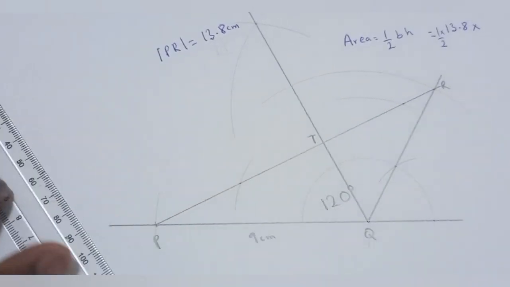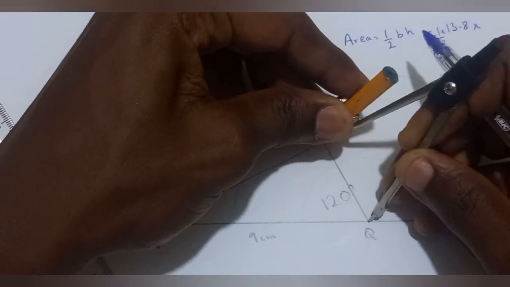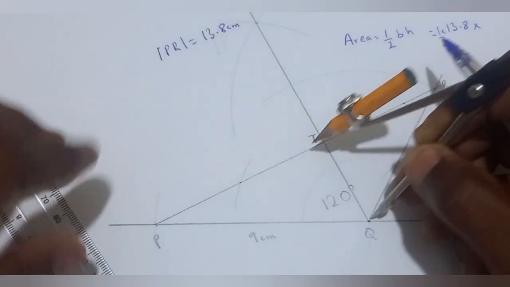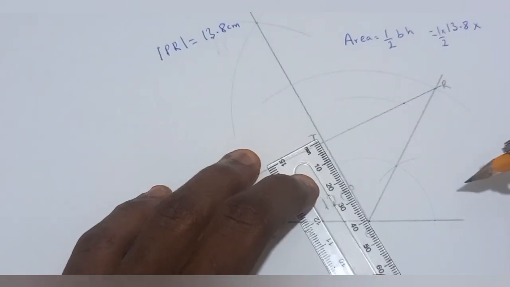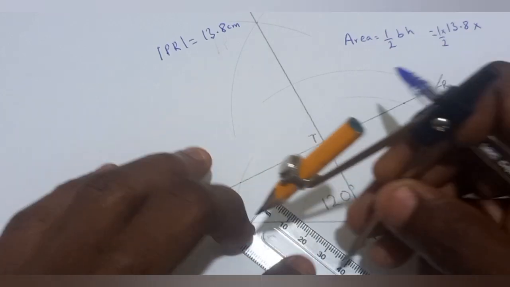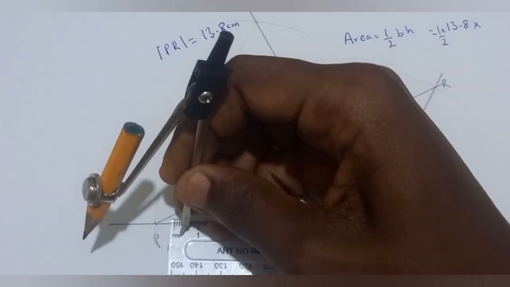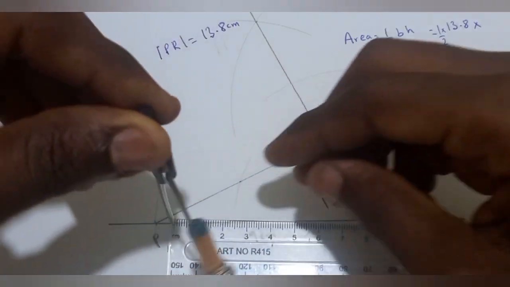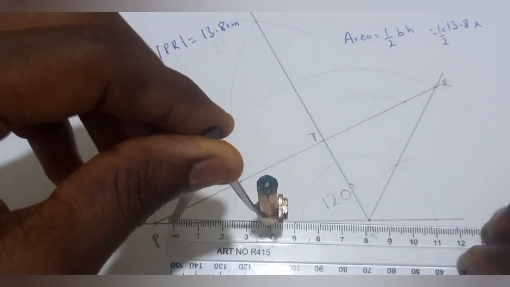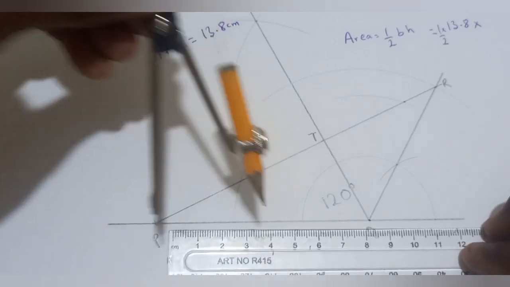What's T? Pick this point, that point. Or you can even take the rule and measure. 3.9. Let's see what I have. 3.9. 0th mark. It is close to 4, but it's not 4, it's 3.9.